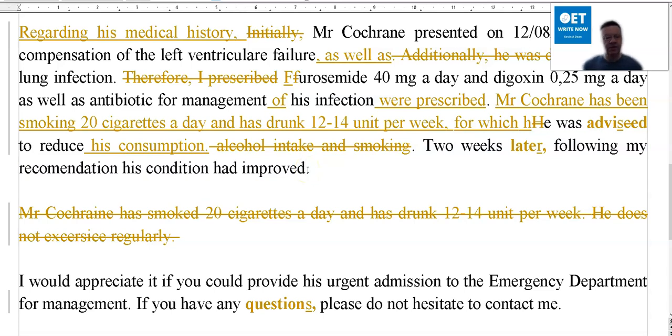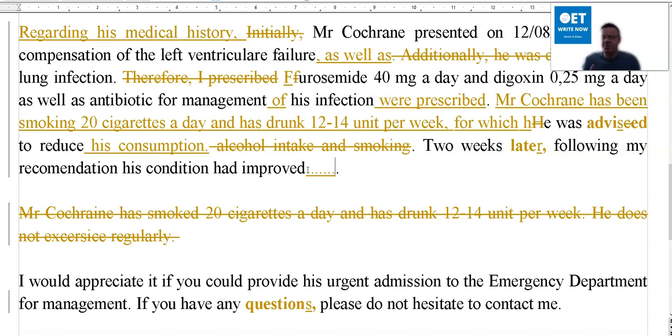Maybe say 'his condition had marginally improved', so just saying 'had improved' begs the question, well, if it had improved, why do you want me to take him in now? What happened? I thought you said his condition had improved. Again, the case notes might say something else, right? But this needs a modification, if you see what I'm trying to say.